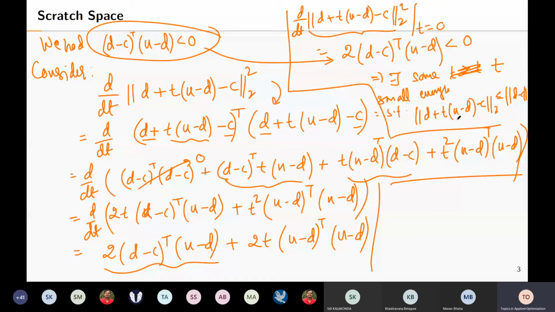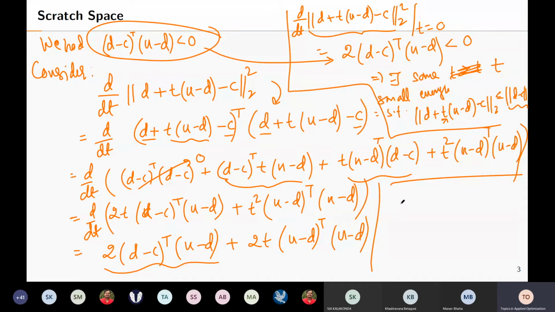So for a small enough t, we will have this thing. So d plus this is going to decrease, for a small enough t. In other words, it's going to be smaller than this. It could be a very small t, that's fine, but it's going to be smaller.